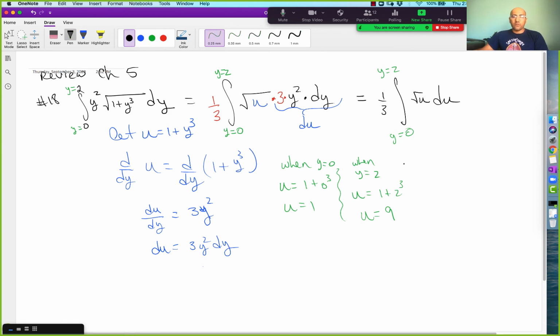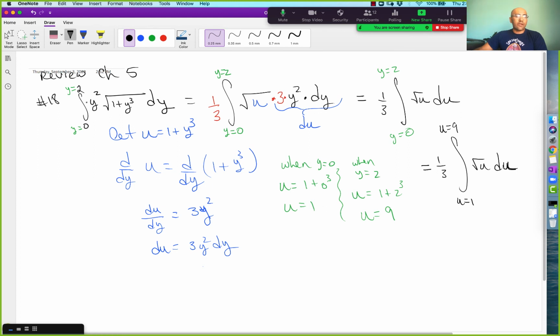Let's go back to this color and say that now this is going to be equal to 1/3 the integral as u ranges from 1 to 9 of root u du. And now everything matches, right? We had an original statement written all in terms of the variable y.